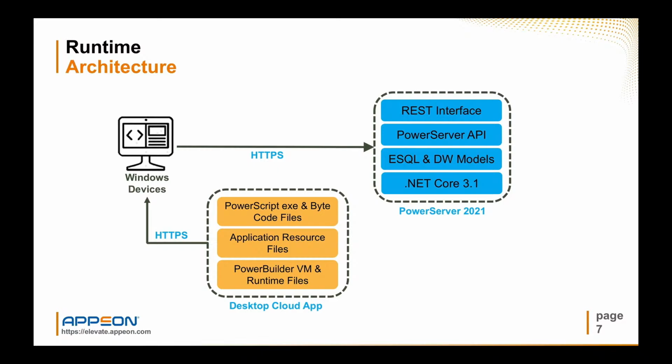So then what's on the server? The server is a whole C# layer that has a REST interface so that it can interface with the client through standard REST technology. And the REST interfaces then call the PowerServer APIs, which then call the embedded SQL and DataWindow data access portion.